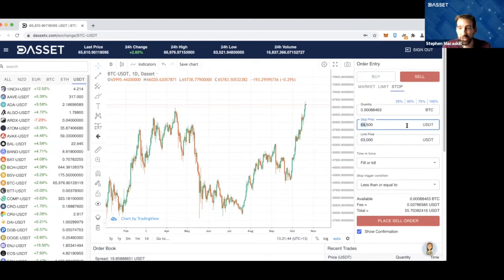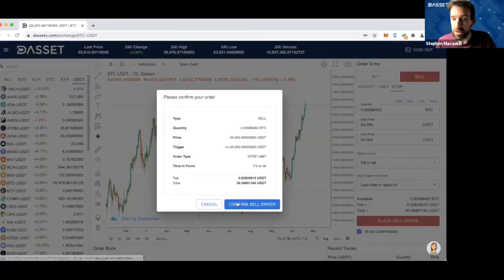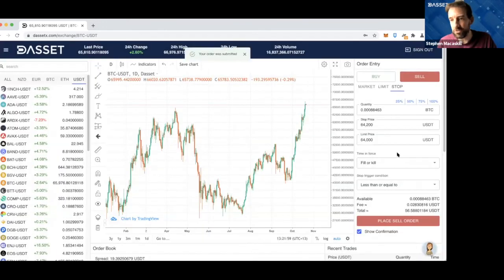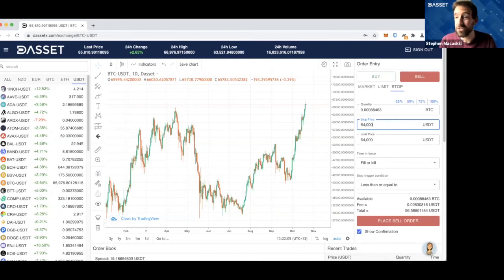But if that doesn't go through, maybe it's already dropped below that, then I'll put in another order at 64, because I want to guarantee that my sell order goes through. And then maybe I'm worried that the price is just tanking, which I hope doesn't happen. But worst case, this will submit a limit order at 62,500.